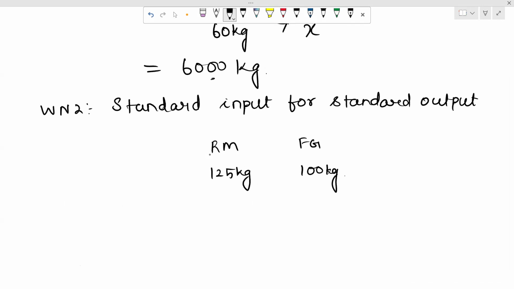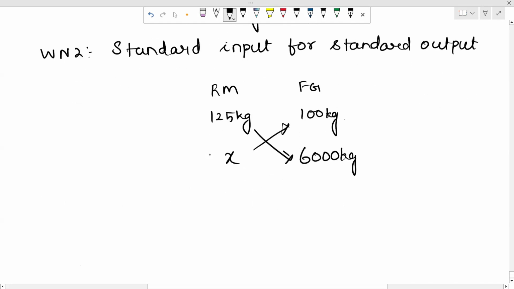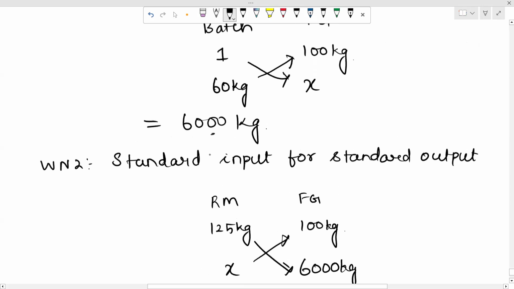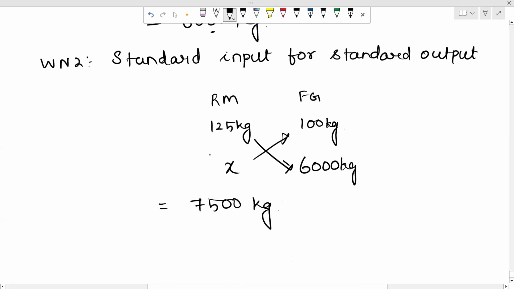So by making use of 125 kg of raw material, if we can produce 100 kg of finished goods, then in order to produce 6000 kg of finished goods, how many kg of raw material should we have actually used? So again, by simple cross multiplication, we can calculate that the standard input is 7500 kg, which means if we have to produce 6000 kg of finished goods, we should use 7500 kg of raw material.